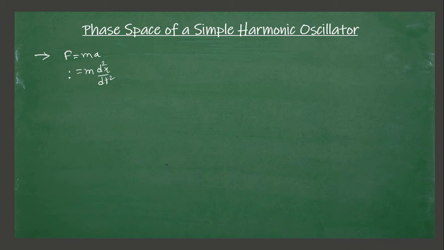Now, in order to find a solution for this equation, you have to integrate it twice, right? Those integrations will give you two constants of integration. In order to specify a unique solution, you have to specify those two constants of integration. That's why we need two variables to completely specify the state of a system in classical mechanics.